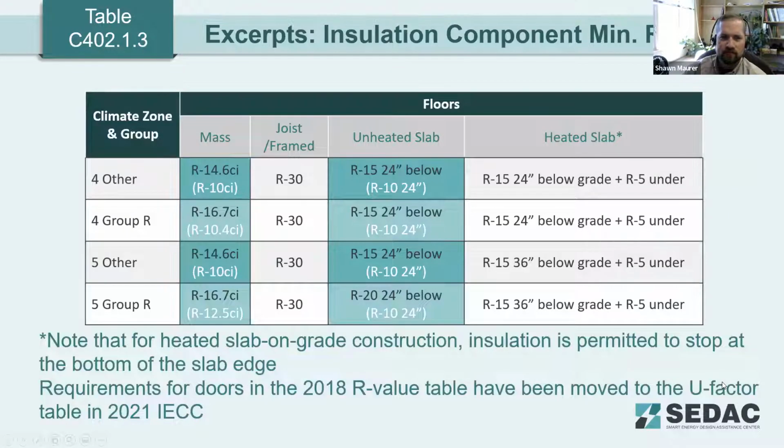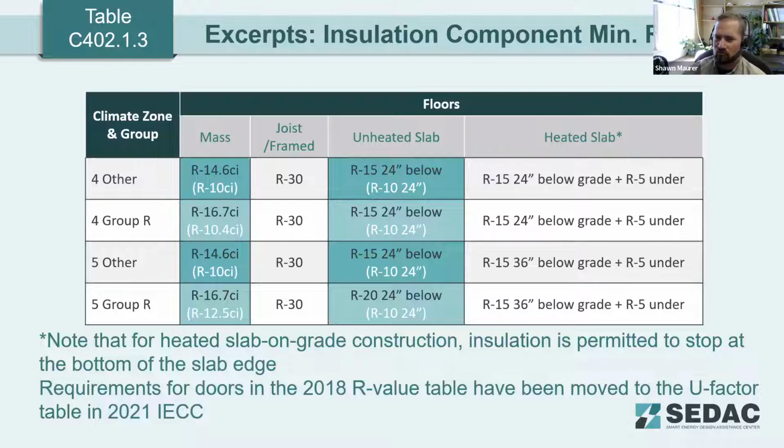Moving on to floors. For this area, some minor updates for mass floors and unheated slabs, as far as insulation requirements have been increased slightly. We do want to note here, even though it hasn't been updated to a higher level, that for heated slab on grade construction, insulation is permitted to stop at the bottom of the slab edge when that insulation is continuous with the under slab insulation.